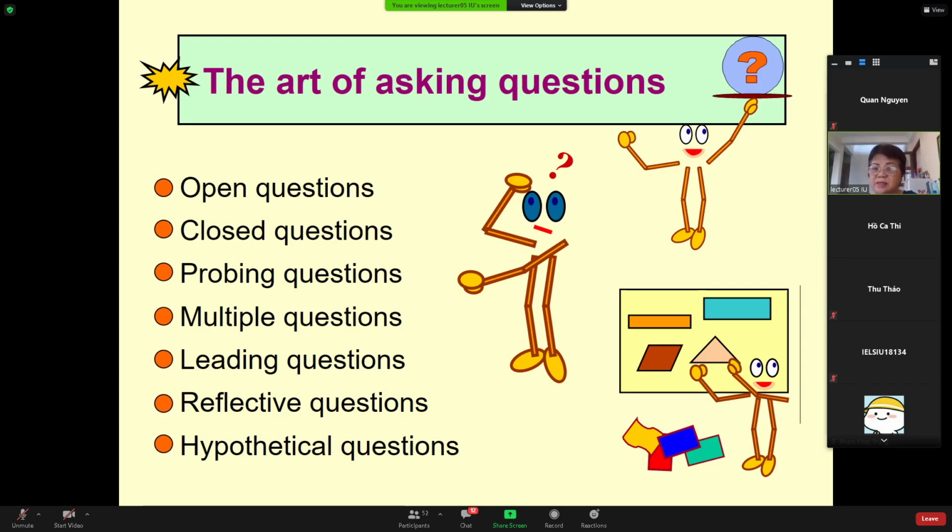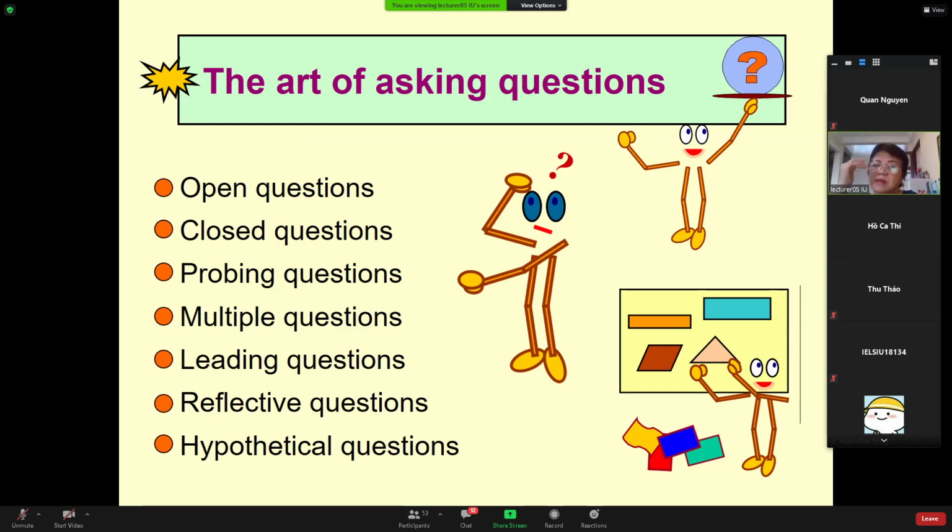There are also probing questions, multiple questions, leading questions, reflective questions, and hypothetical questions. The reason for asking questions is that it gives you the opportunity to understand more from the other side.